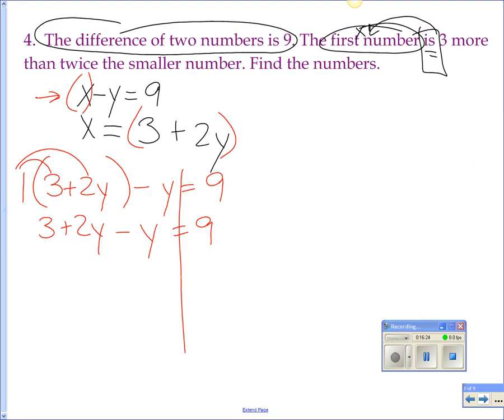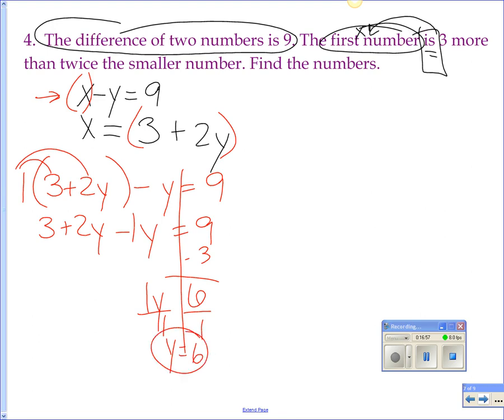What's moving over? So I subtract 3, that gives me 6. And Bishop, what do you get right here? Good. 1y. And Daniel. And so y is 6.